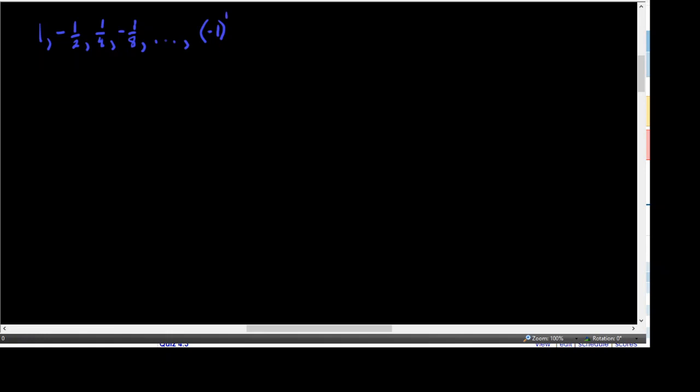And that power is generally either n or n plus 1, or perhaps even n minus 1, so that you start with the right sign.